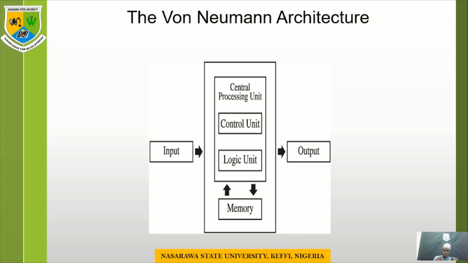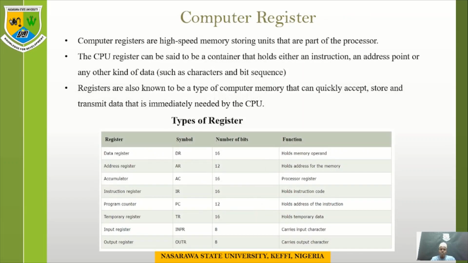We know a computer generally is processing data, but it processes the data based on the instruction of the user. So you input your data and it goes into the CPU for processing and it goes to the output. The input and the output here are mostly the hardware and often part of the CPU. So this is the structure of the von Neumann architecture.